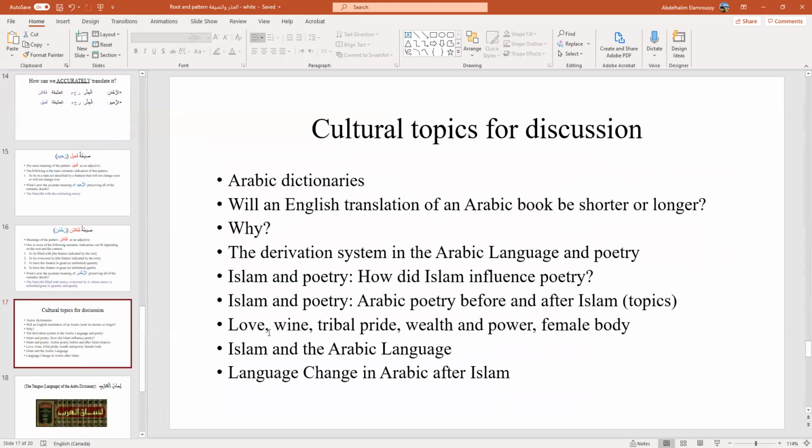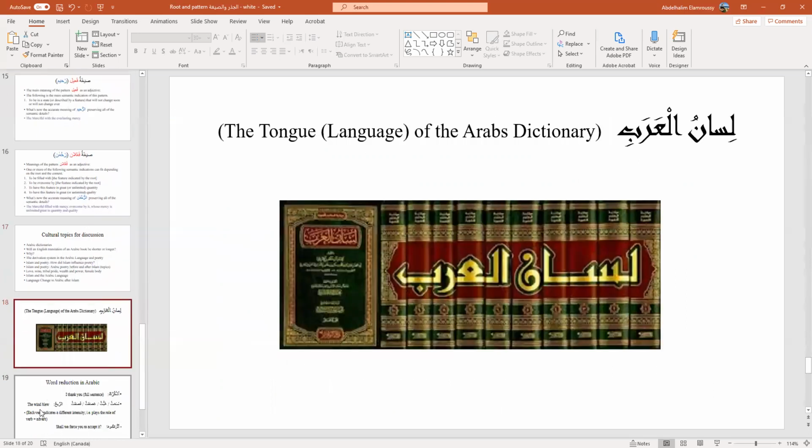Okay, cultural topics for discussion. Let me talk first about Arabic dictionaries. This is an example of an Arabic dictionary. It's called Lisanul Arab, or the tongue, i.e. the language of the Arabs. This is a multi-volume dictionary, an example of a classical dictionary.